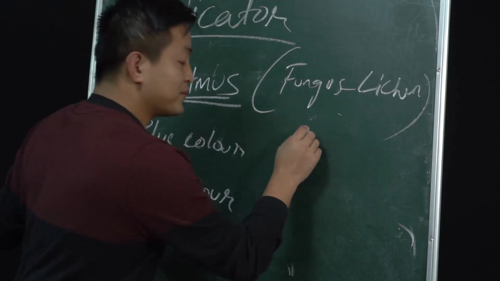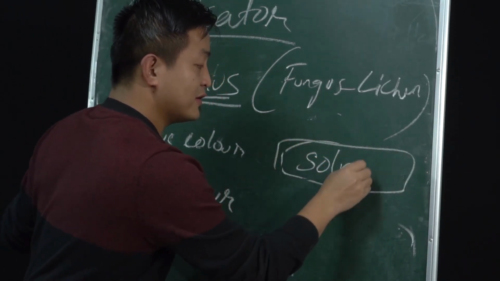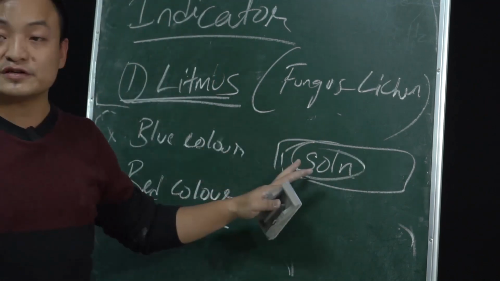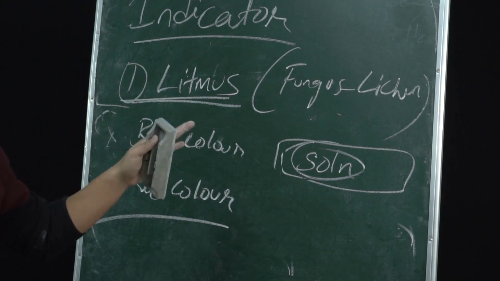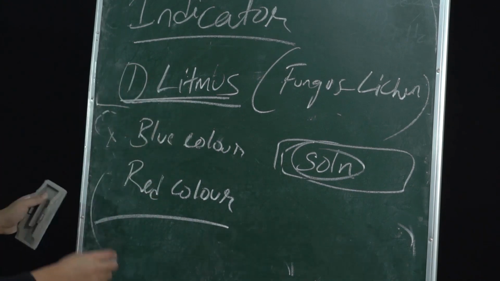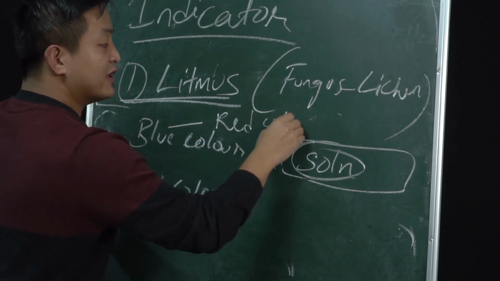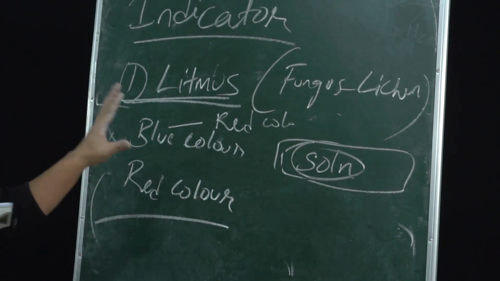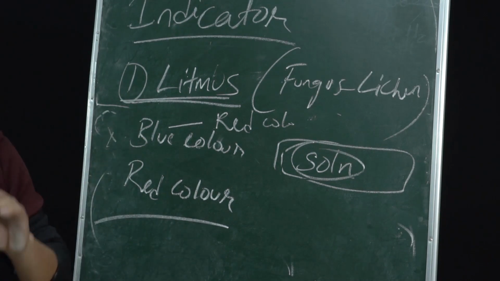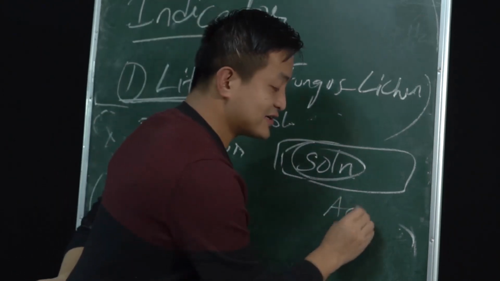Now, if this is a solution and you put in blue litmus, if blue changes to red, keep this in mind, that means the given solution is acidic.